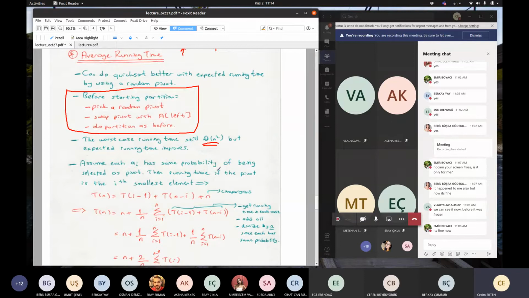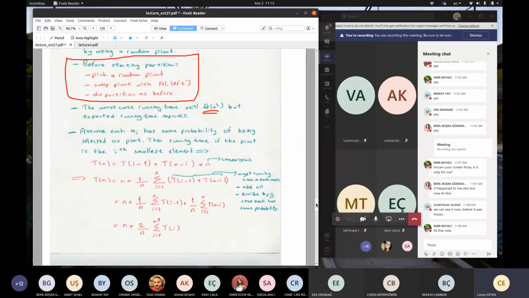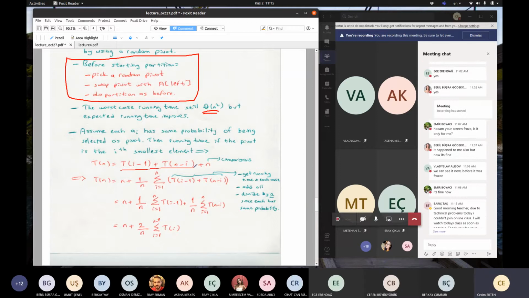However, we will see that with this small change, the expected running time of the quicksort algorithm, or the average case running time, so we can use both notations, they both mean the same thing, will not be as much as this. Formally, remember, this was our recurrence.